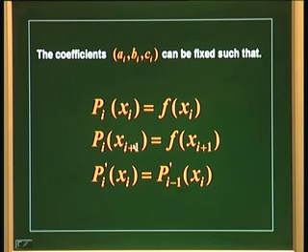And then we can also demand that the derivative of the polynomial at i, so this goes from i to i plus 1. Okay. So the ith polynomial which goes from i to i plus 1, its derivative at i should be the same as the i minus 1th polynomial's derivative at i.